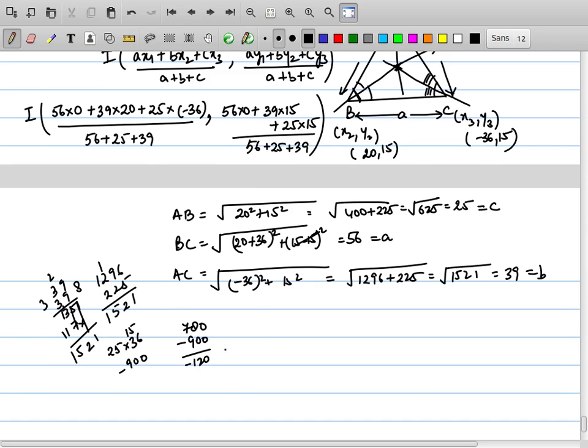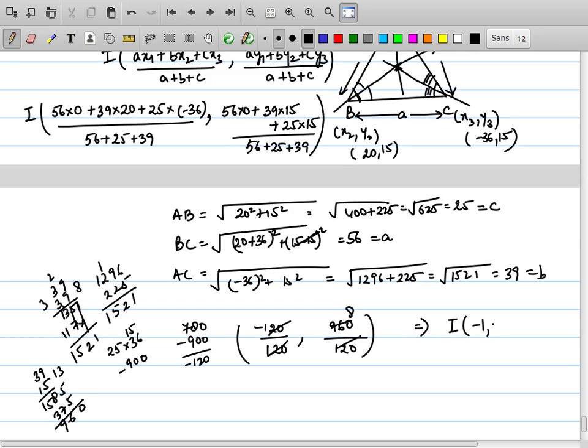This is minus 120, upon 120. So this would be 0. 39 into 15 gives 585, and this is 15 into 25, 375. Adding, we get 960 upon 120. Therefore the coordinates of the incenter are 0, 8.